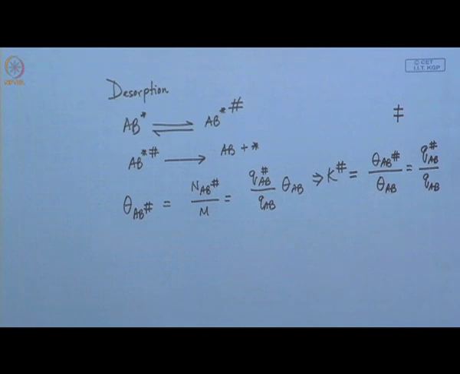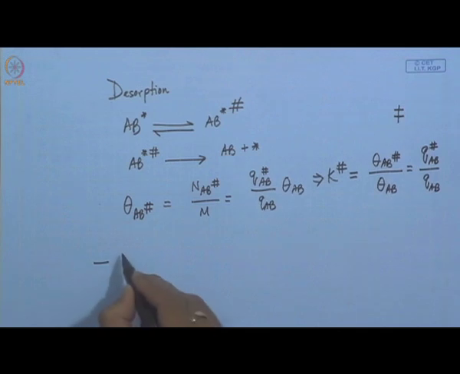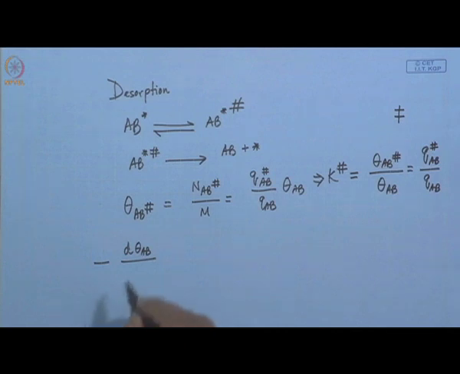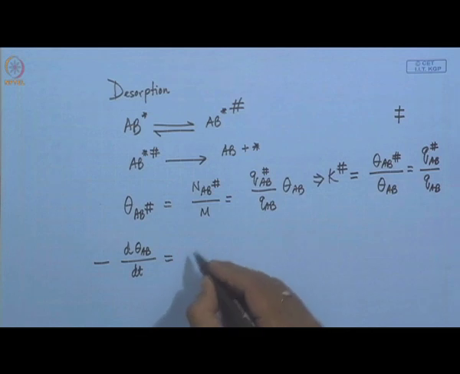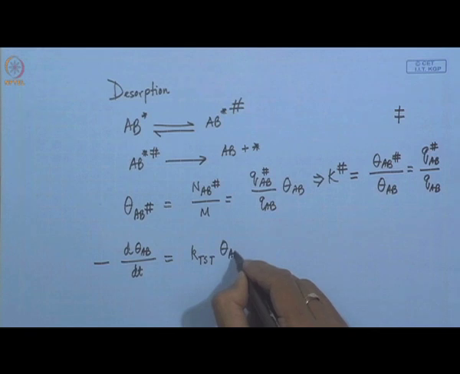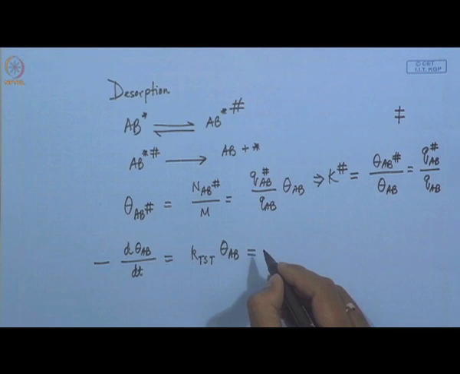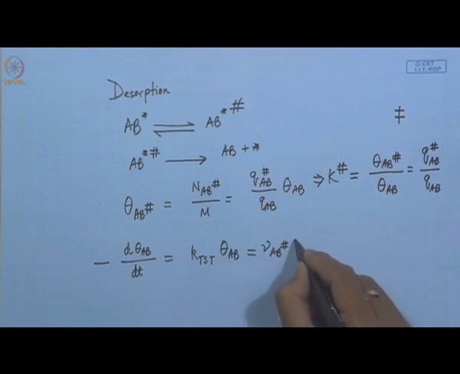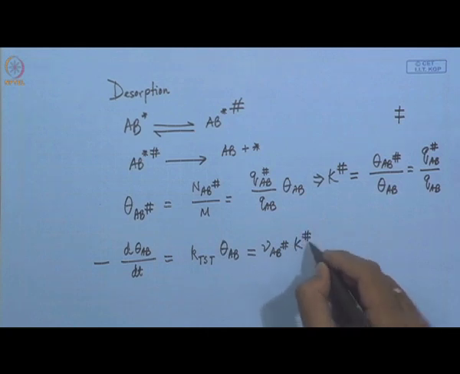Okay, so the rate of desorption, or rate of the process, is nothing but minus d theta AB by dt. It is decreasing, that is why it is a minus sign. This is equal to K TST into theta AB. This K from TST has always to be included, which is equal to nu AB, this K double dagger theta AB.